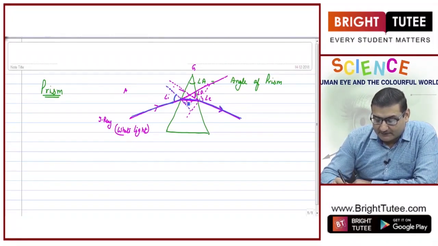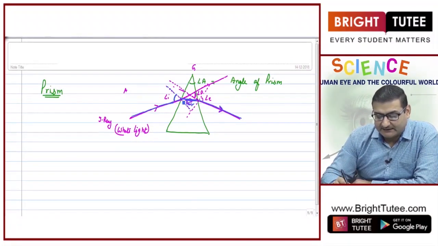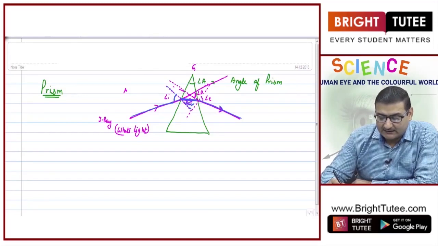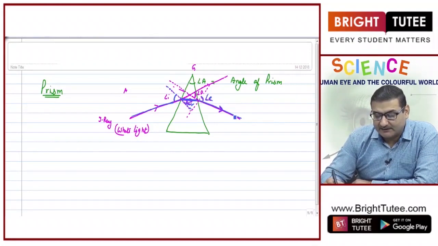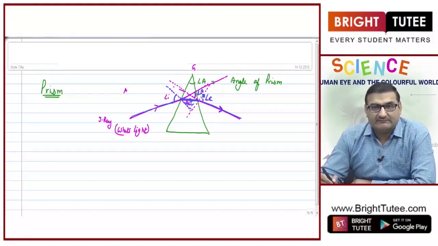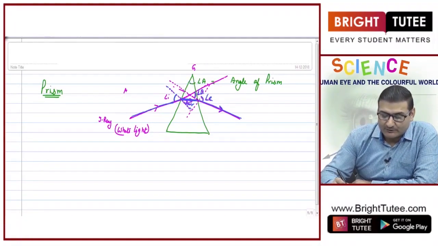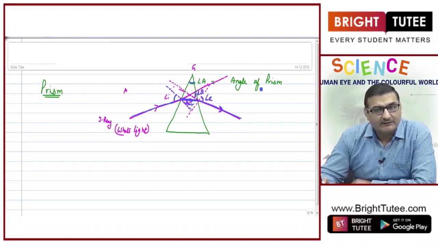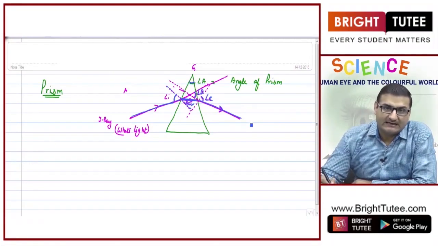Same way, this will be the angle of refraction, the angle between the refracted ray and the normal, and this is the angle of emergence, that is the angle between the emergent ray and the normal. This is the angle of deviation, that is the angle at which this ray of light gets deviated from its original path, and originally this was the angle of prism. Fine. So, this is how light rays bend while passing through a glass prism.